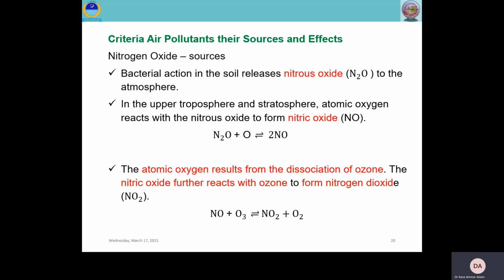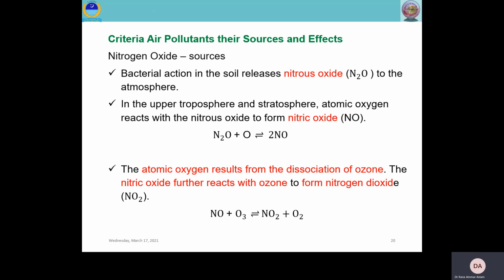Let's further talk about its sources, especially the natural sources. So the bacterial action in the soil releases nitrous oxide to the atmosphere. This nitrous oxide reacts with the oxygen atom, and nitric oxide is formed. The atomic oxygen results from the dissociation of ozone.